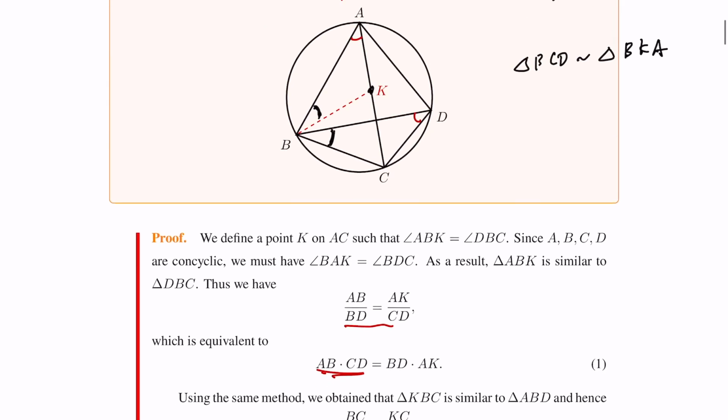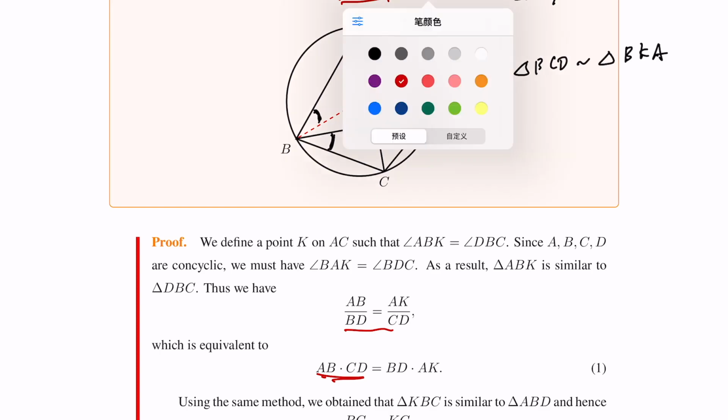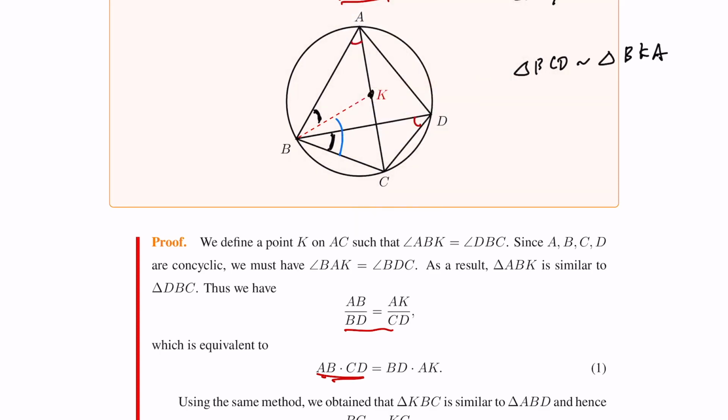The tricky part is that we want to use another ratio to prove there's another pair of similar triangles. Later we will talk about the Ptolemy inequality. These two angles must be the same, because both blue angles are the sum of the black one plus the common angle KBD.